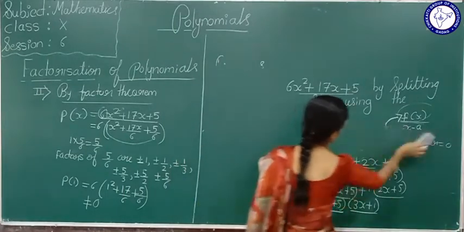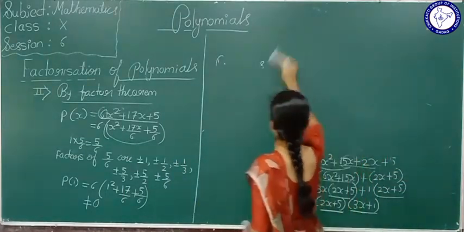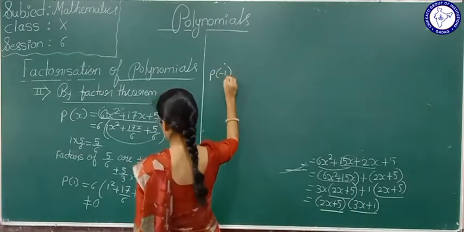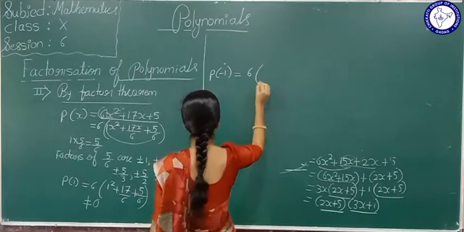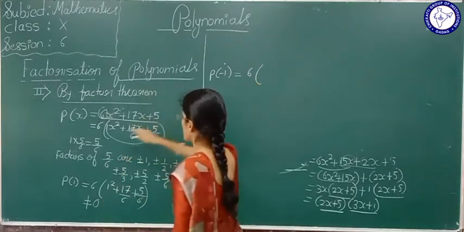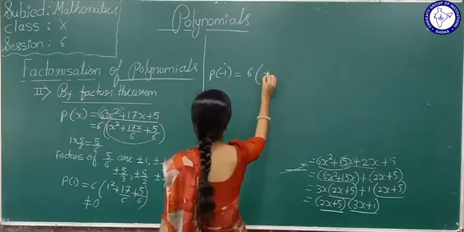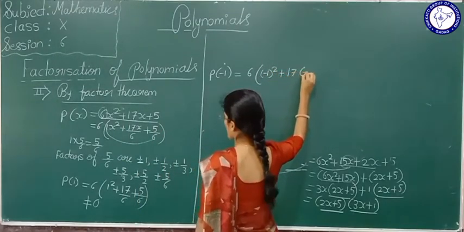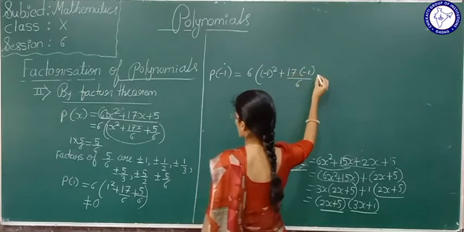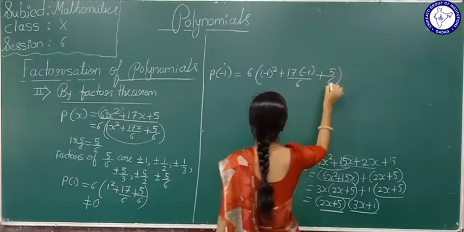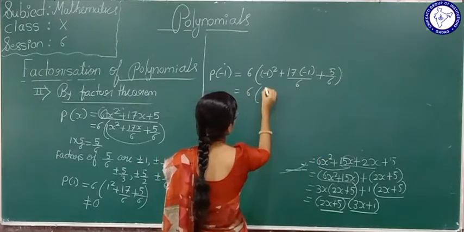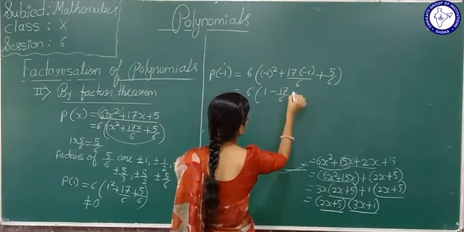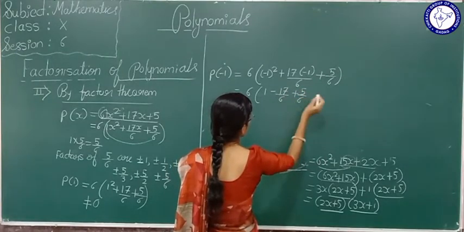p of minus 1. If you take p of minus 1, 6, okay, here you put minus 1 the whole square plus 17 into minus 1 by 6 plus 5 by 6. Okay, here 6, here it is 1, minus 17 by 6 plus 5 by 6.